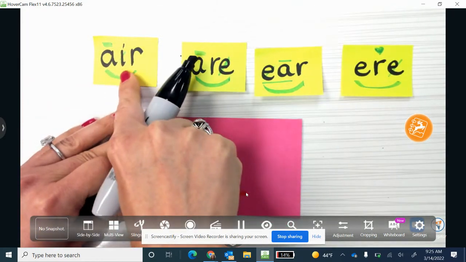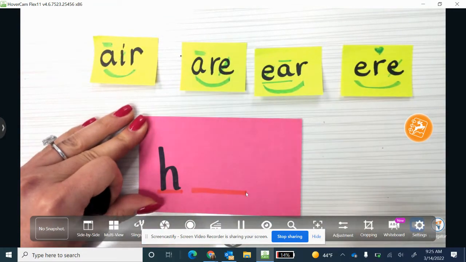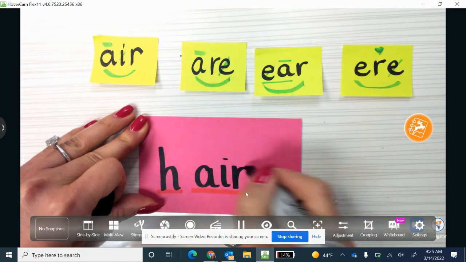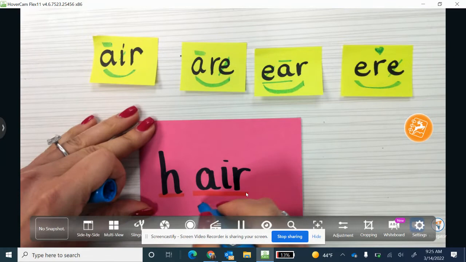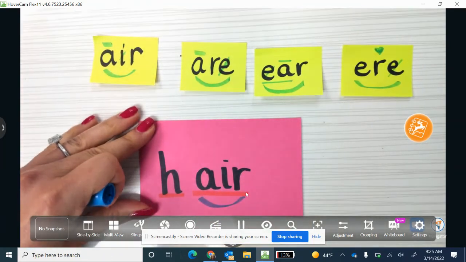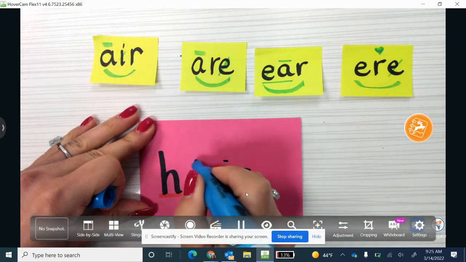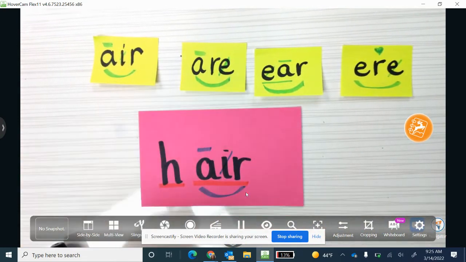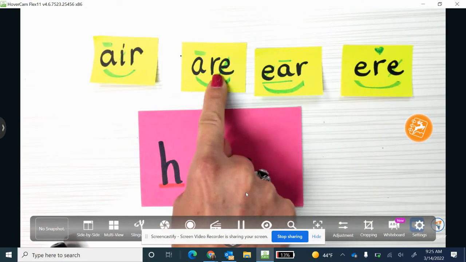And we are going to use the A-I-R spelling pattern. I'm going to show that they are a combination and cannot be separated. This A is long and the I is silent. Hair. Does anyone know of another hair that it's spelled H-A-R-E?